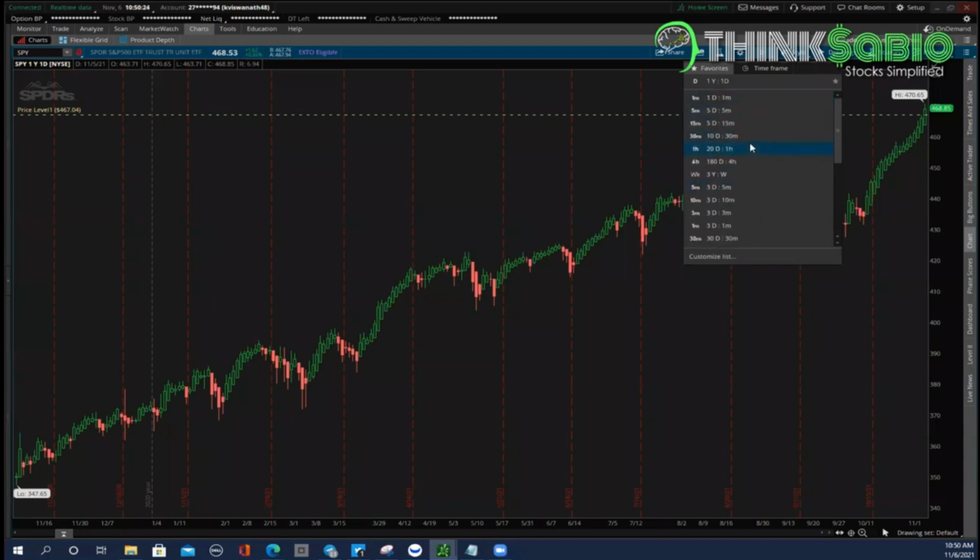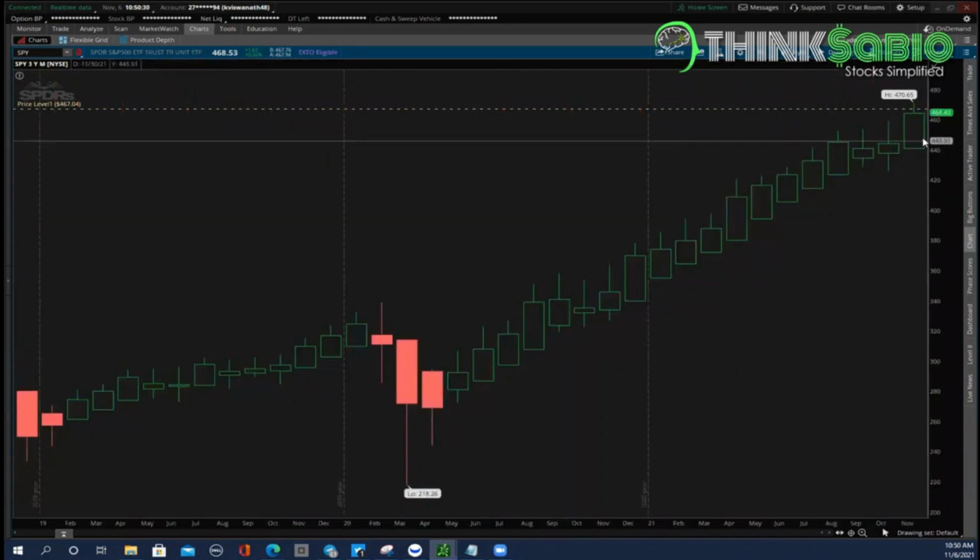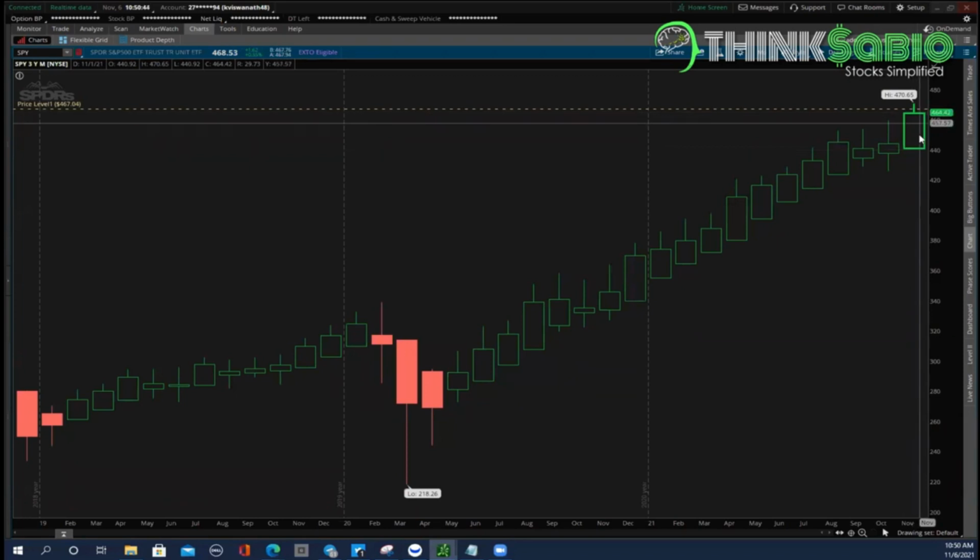Where is this thing? Oh, the monthly chart here. So we are in November, right? We are just 6 days in, but look, we already have a candle here, right? So we already have a candle that's forming, but it did not close. It will only close at the end of this month.